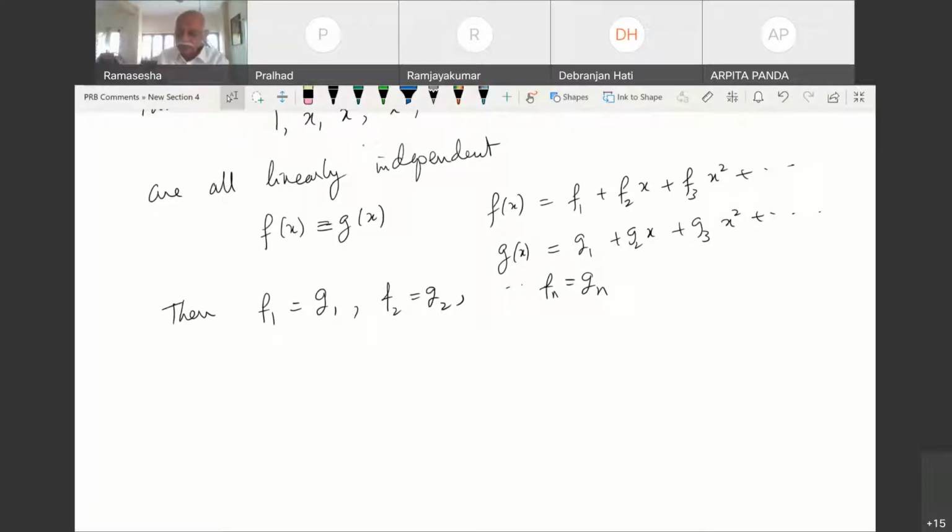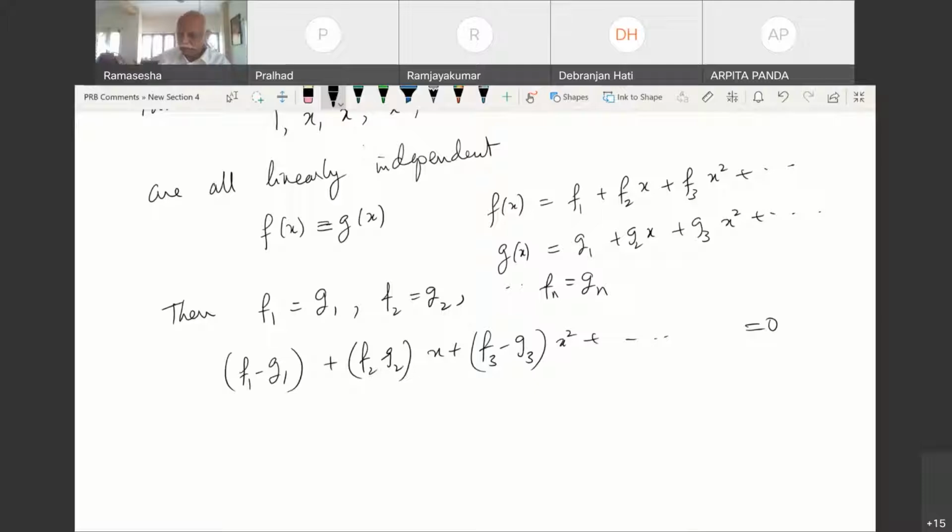You want to get the coefficients of various powers of the variable. Okay. So this actually means the following: (f1 minus g1) plus (f2 minus g2) x plus (f3 minus g3) x squared plus etc. equal to 0. So this implies f1 equal to g1, f2 equal to g2, and so forth. So 1, x, x squared, x cubed are all linearly independent functions.